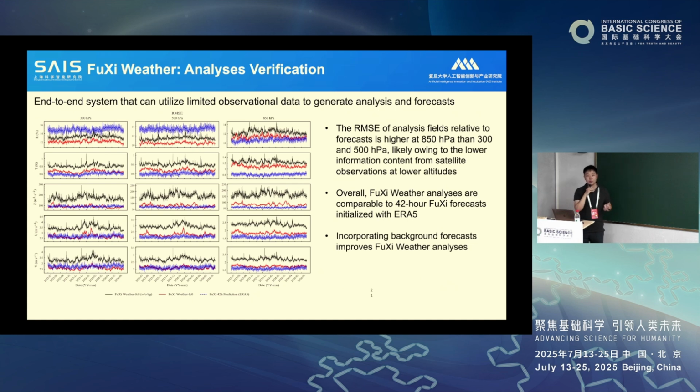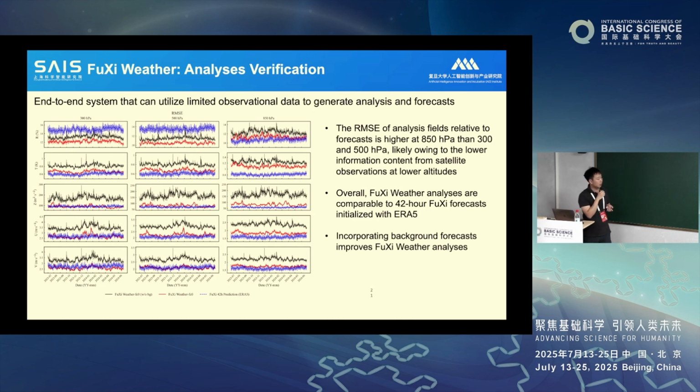And when we evaluate a standalone forecasting system, we usually break it down into 2 parts, and the first is when we evaluate analysis. This figure shows 3 pressure levels. From the left column to right columns are 300, 500, and 850 hectopascal, from the higher altitudes to the lower altitudes.